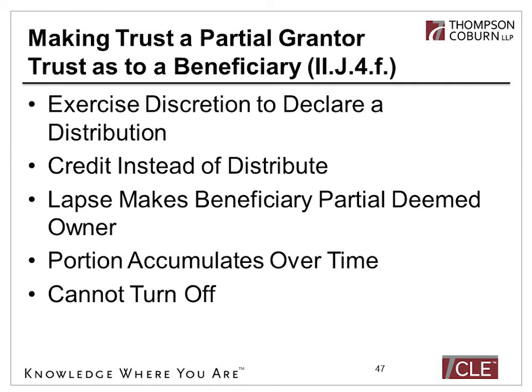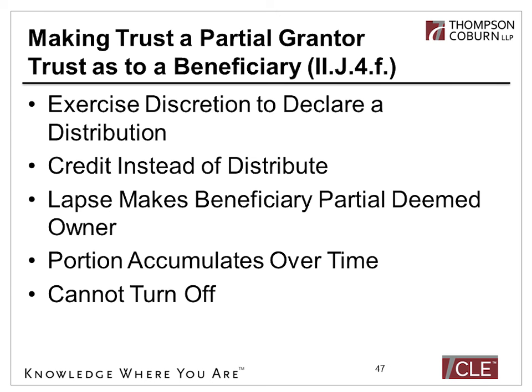Talking about making a trust a partial grantor trust as to the beneficiary, if there's a way to do this, then over time the percentage to which the beneficiary is treated as the grantor, and therefore taxed on the trust income, increases. So rather than the trustee making an actual distribution to the beneficiary, the trustee could exercise its discretion and credit it to the beneficiary, allowing the beneficiary the right to withdraw the lesser of 5% or $5,000 of the trust assets.